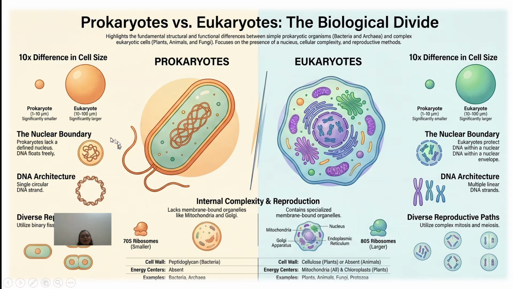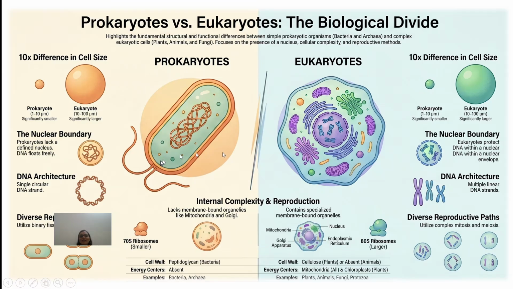When we move to the nuclear boundary, it means the prokaryotic cell does not have a nucleus. So whatever genetic material is present is freely floating in the cytoplasm. While in eukaryotes, a well-developed nucleus is present. In the nucleus, DNA is present.